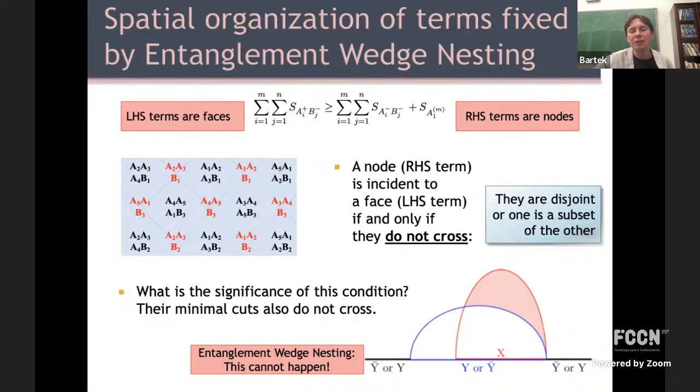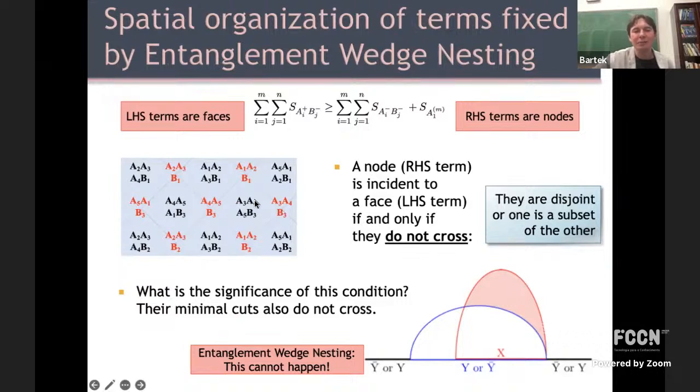And do not cross is another way of saying one is a subset of the other, or they are disjoint. That means no crossing. So you could see that there is a reason why it's useful to have a concept of non-crossing. One is contained inside the other is one possibility. The other possibility is that they should be disjoint. But if they're disjoint, that means that one region is contained in the complement of the other. So one way or the other, there is some containment going on.